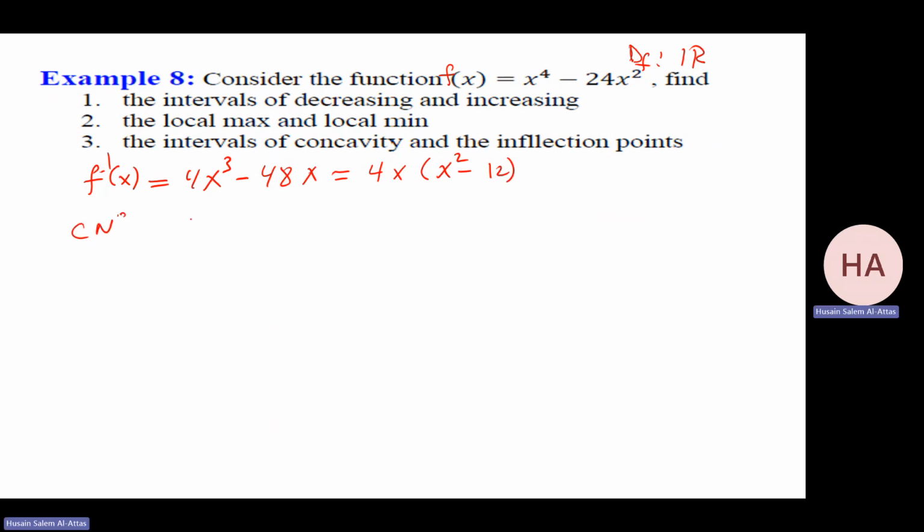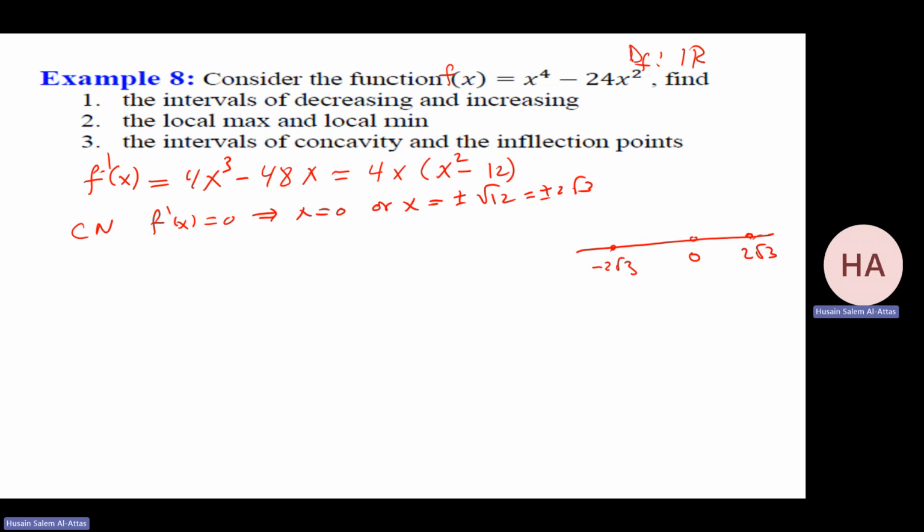Critical numbers. I'll find f prime equals 0. That implies x equals 0 or x equals plus or minus square root of 12, which is plus or minus 2 square root of 3. So I can do the sign diagram for increasing and decreasing. I'll do this: minus 2 square root of 3, 0, 2 square root of 3. Check the signs.